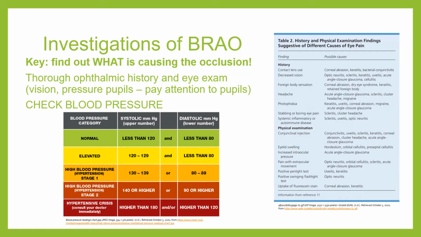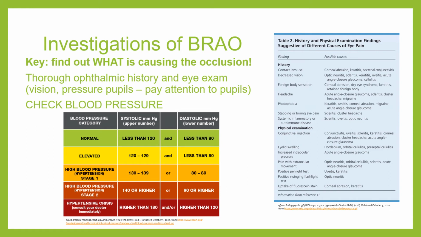To further investigate the BRAO, it will be important to take a thorough history to find the underlying cause behind this disease. For vitals, it's very important to check the blood pressure, also check the vision and pressure, and the pupils with special attention to pupillary reflexes to light.